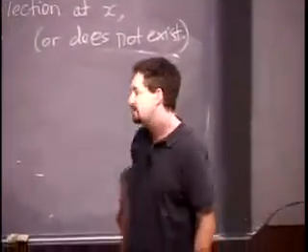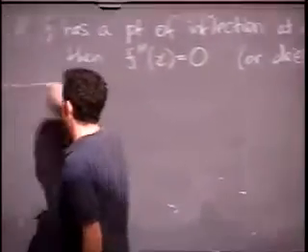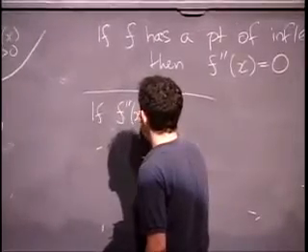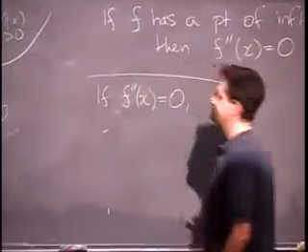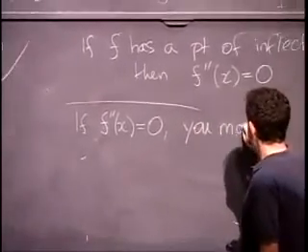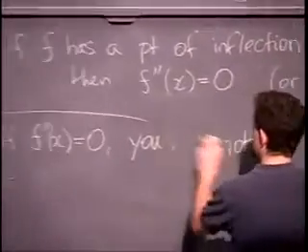Now, I have to tell you something quite important. If the second derivative is 0, you may not have an inflection point. Or you might not is a better way to put it.